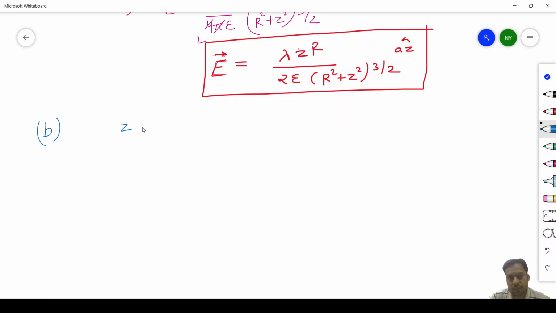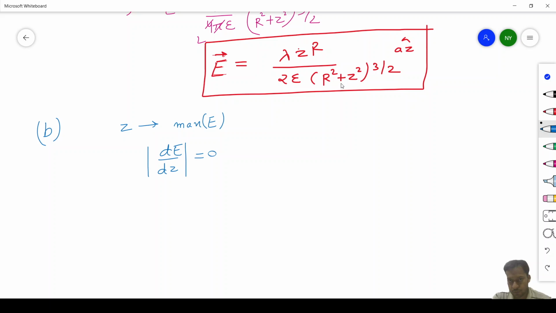We will get the differentiation of the numerator into the denominator: (r square plus z square) power 3 by 2 into 1, minus 3 by 2 into the differentiation of the denominator, (r square plus z square) into 2z, into the first one, z.